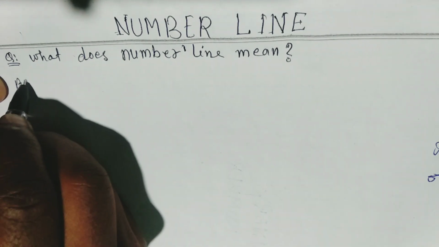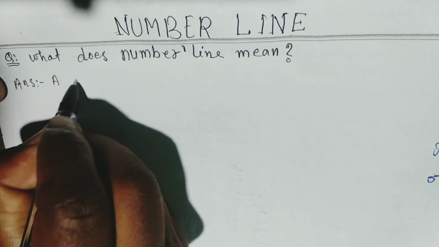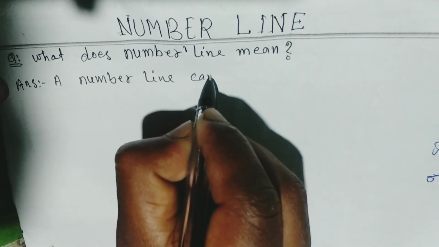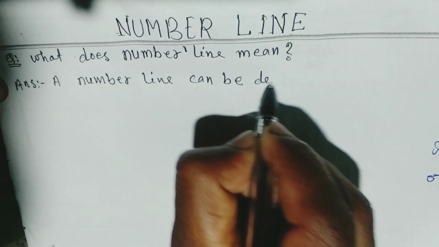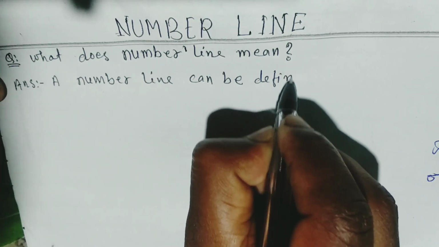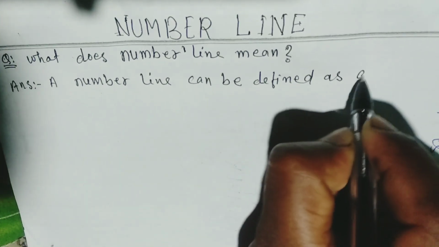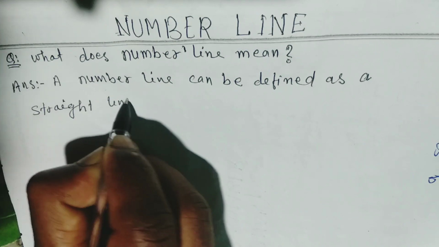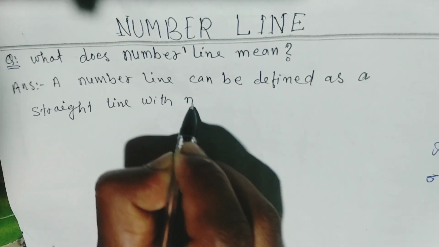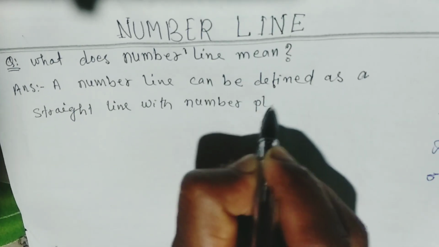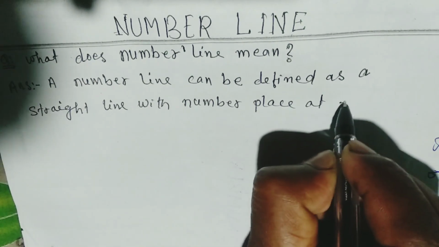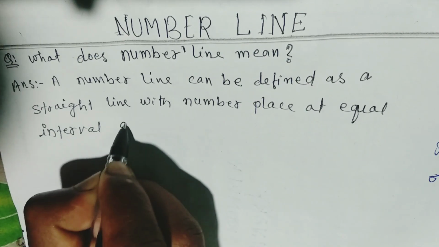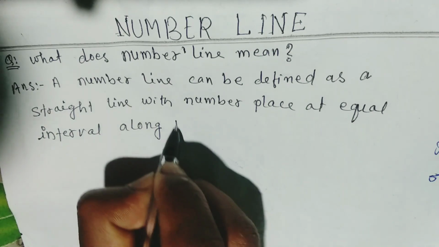Answer, a number line can be defined as a straight line with numbers placed at equal interval along its length.